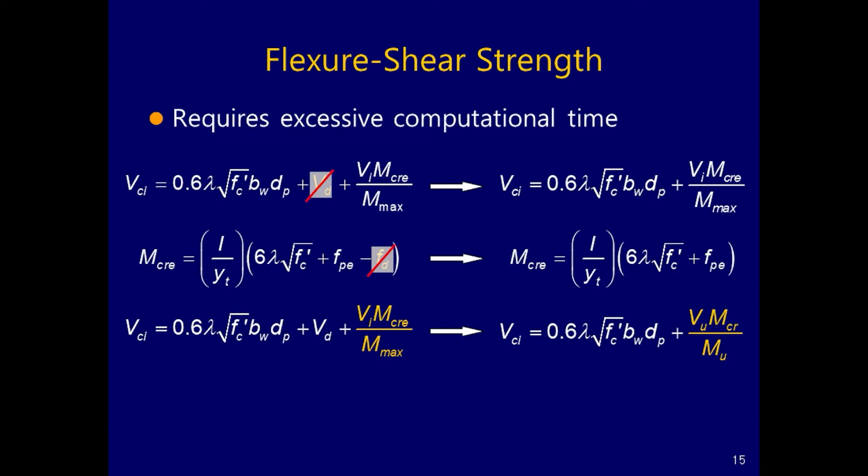Okay. And also, we just use the factored shear and factored moment instead of V_i and M_max only for the externally applied loads. And that way we consider the self-weight. And M_cre is also modified to M_cr, which is more familiar to us.